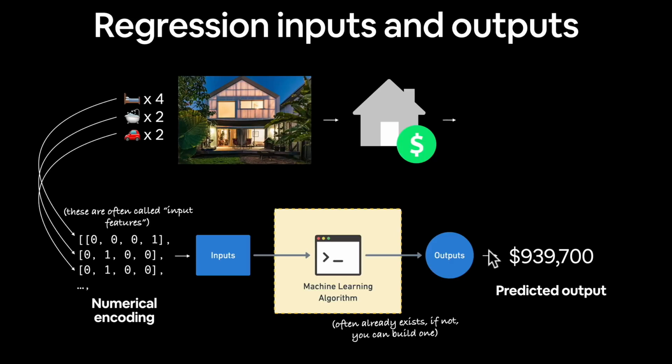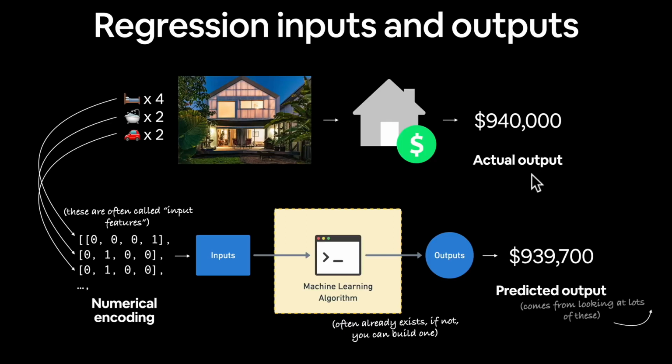Now, where does it get this predicted output from? If we have a look at what it actually would sell for, $940,000. So we weren't too far off here. We'll figure out some evaluation metrics to compare predicted outputs of our deep learning models to the actual outputs of what they should be, for regression problems, that is.